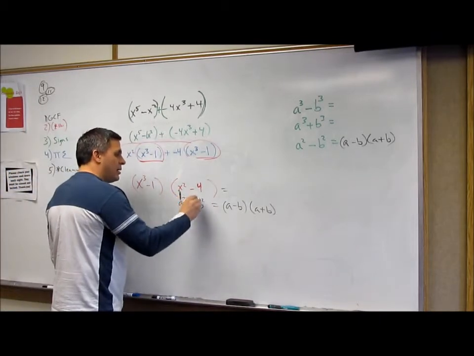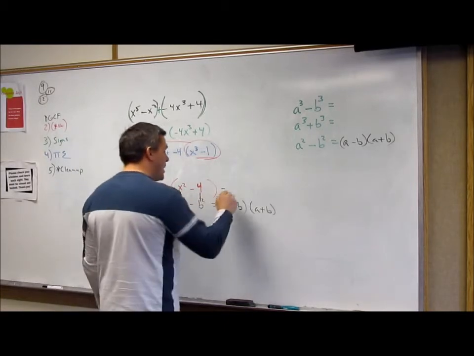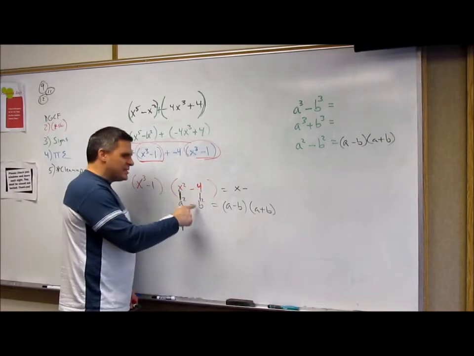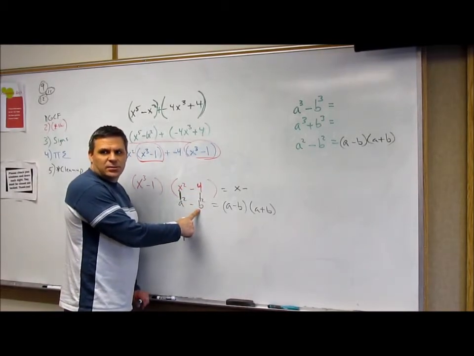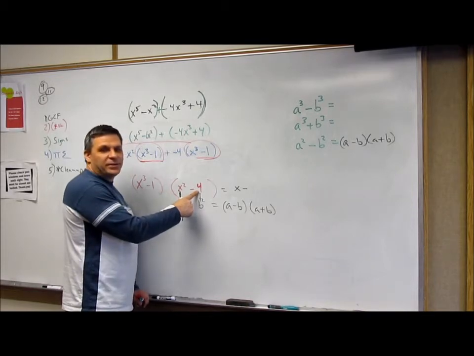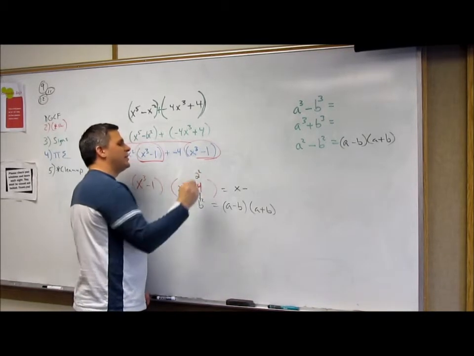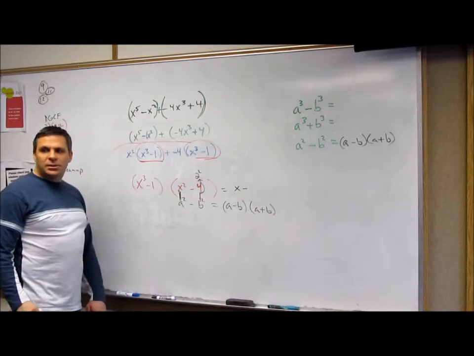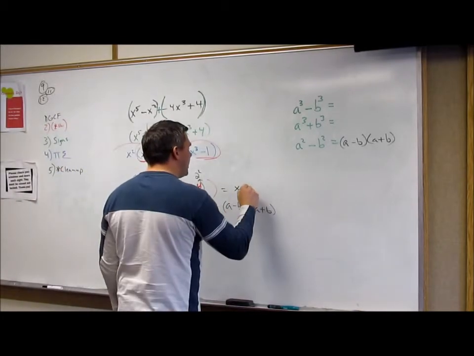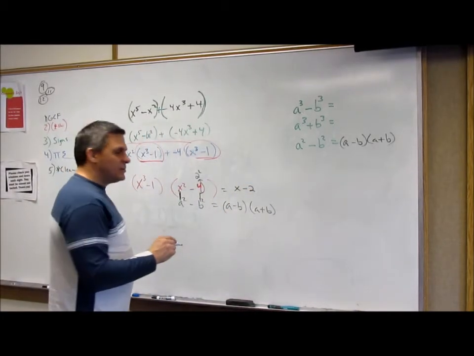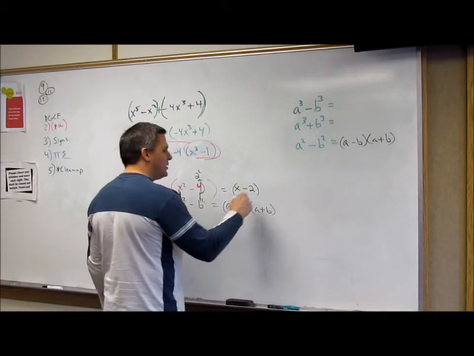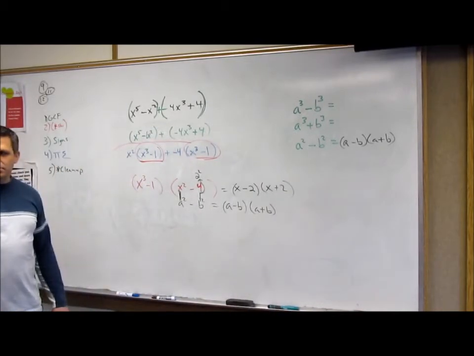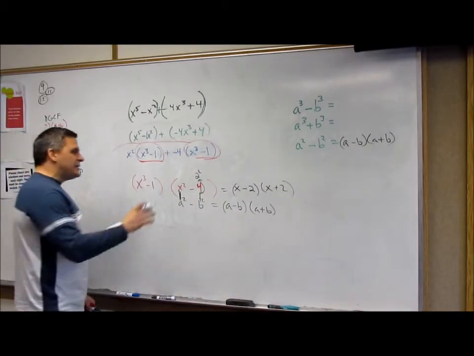A, b, x, minus, well wait a minute, 4. That's not b squared. So I have to turn that into a square. How do I turn 4 into a square? 2 squared. Now I know what b is. B is 2. So now I've got, oh, minus 2. Right? And then it's the conjugate. X and 2 and plus. Okay? So that's this part.